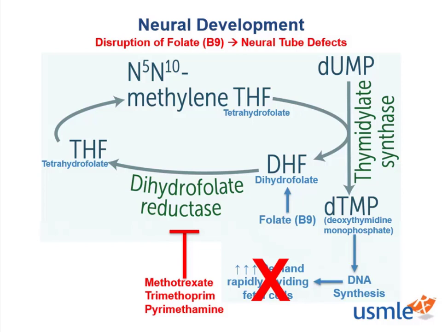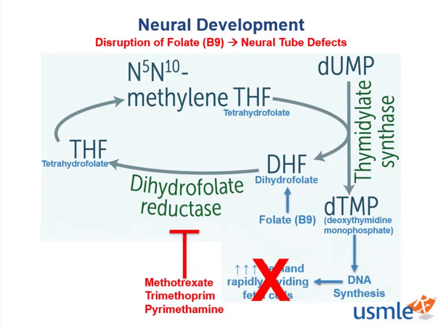Importantly, methotrexate is designed to affect human dihydrofolate reductase, while trimethoprim and pyrimethamine are designed to have higher affinities for microorganisms' dihydrofolate reductase enzyme compared to human dihydrofolate reductase enzymes.